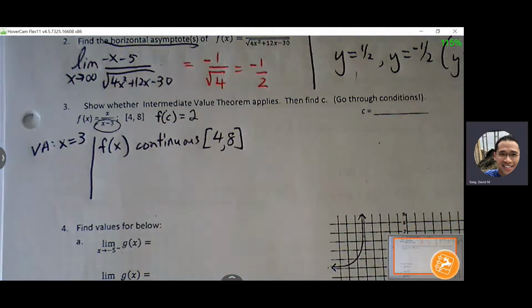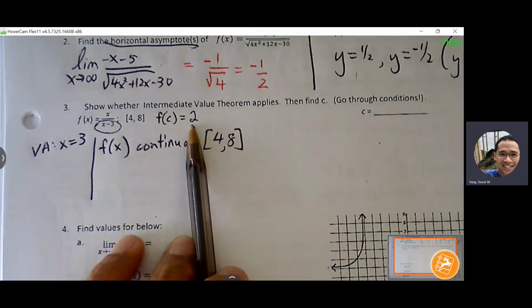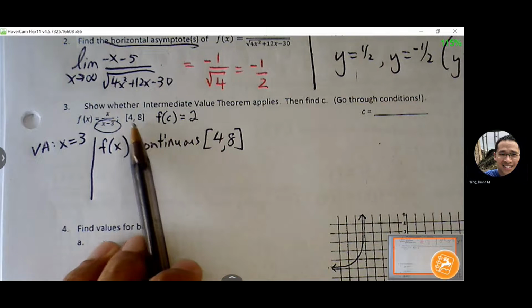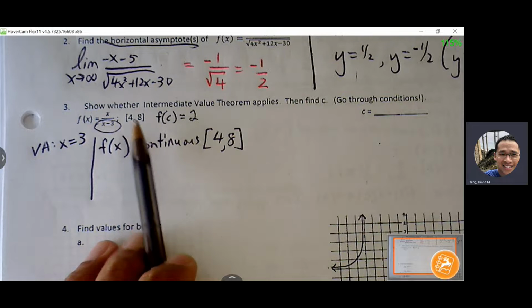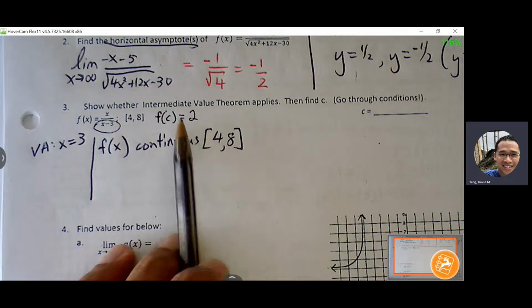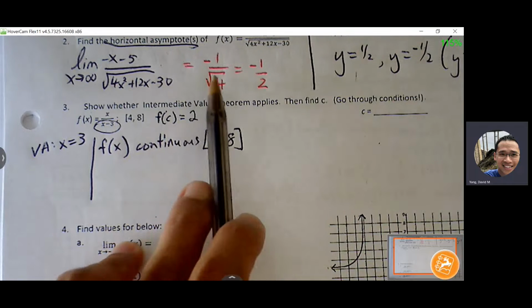Okay, so that's out of the way. We have to first establish the function is continuous. And now we want to guarantee this target y value of 2. So how can we use the endpoints to help us determine that? Find the y values at these endpoints, right? We want one y value to be less than 2, and the other y value to be higher than 2.